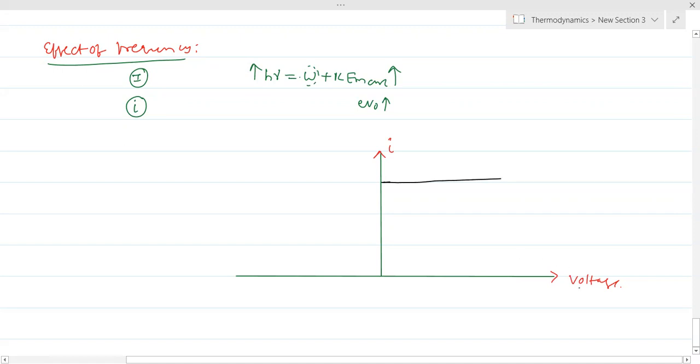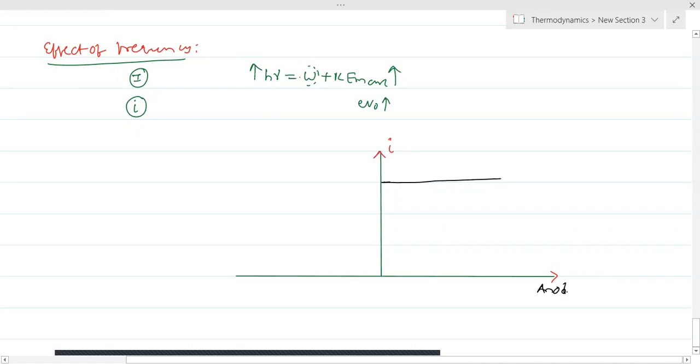On the x-axis we are taking the anode voltage. As the anode voltage slowly decreases, it may become zero.